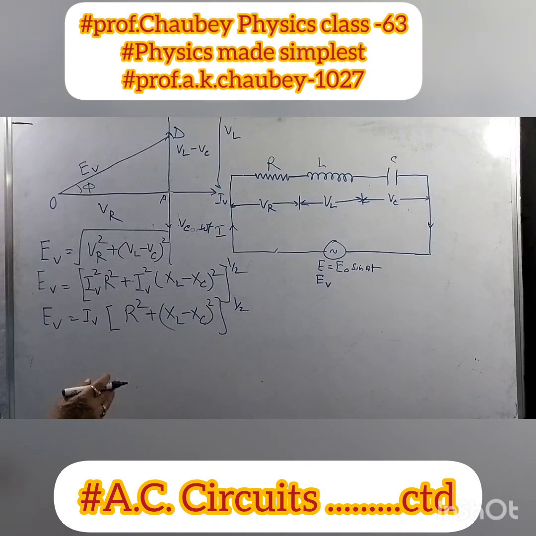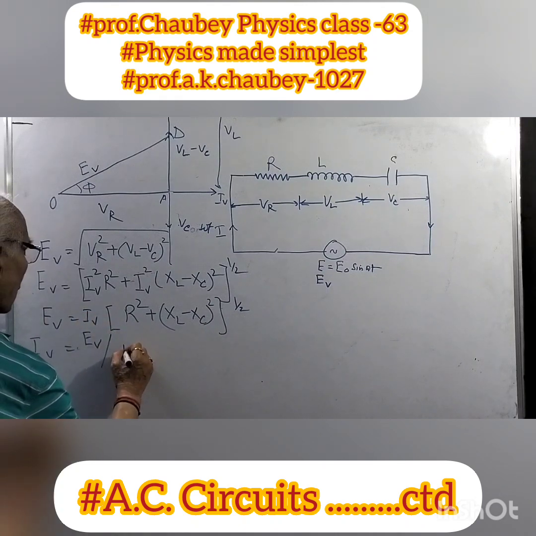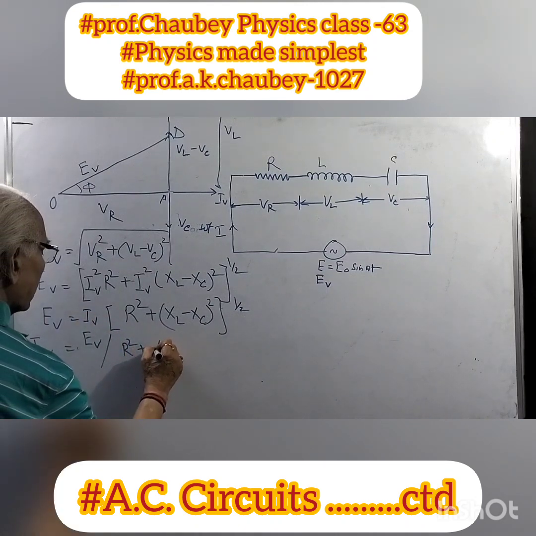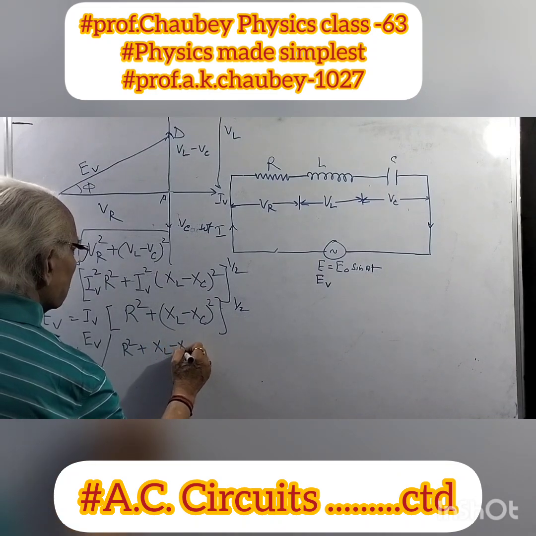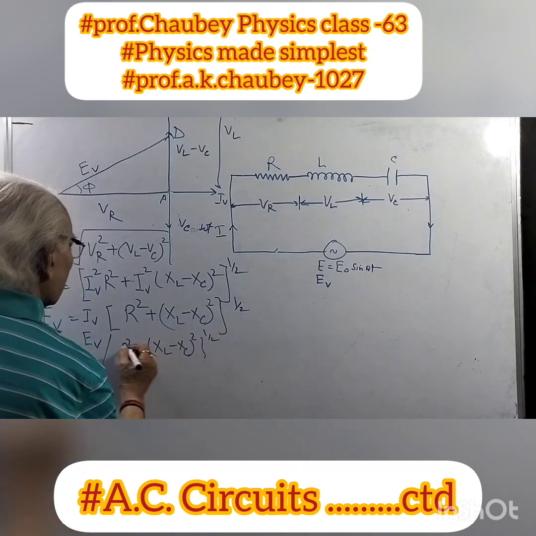So this is an impedance, you know, so IV is equal to EV divided by R square plus XL minus XC square, to the power 1 by 2.